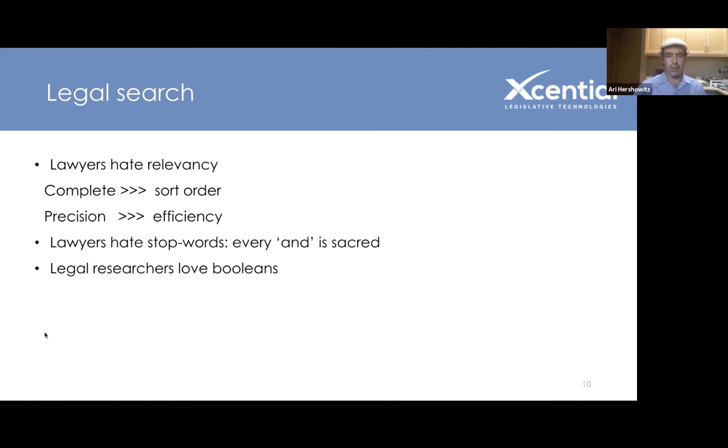And then, again related, lawyers like to do their searches with Booleans and with all of the operators that they know. So weaning them off of that and letting them feel comfortable that the search you're doing still returns the results that they want is part of our job as legal technologists. Any thoughts or questions so far?